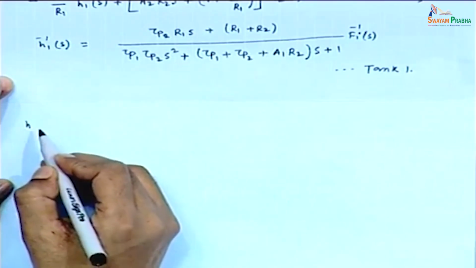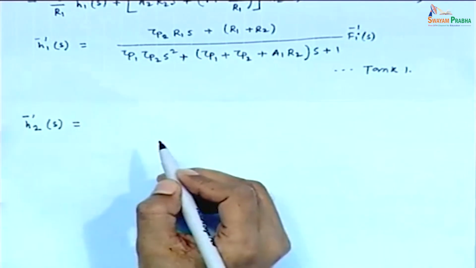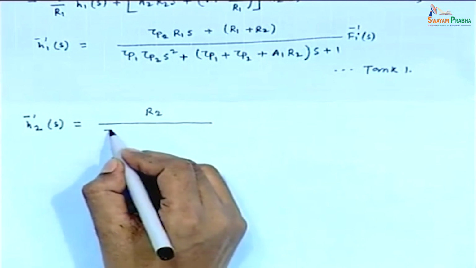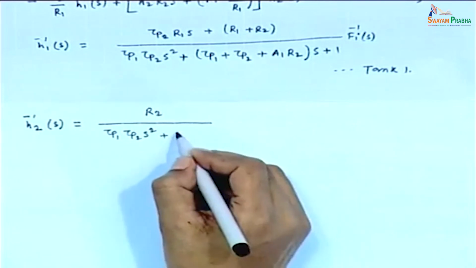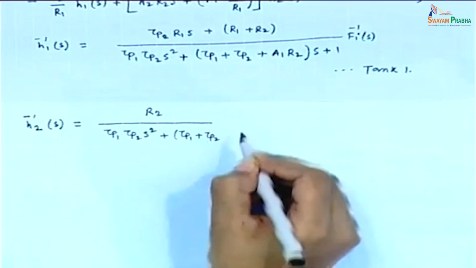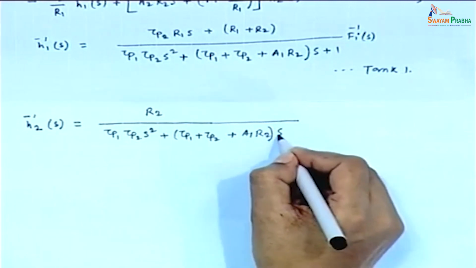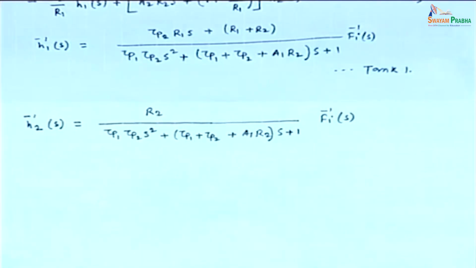Similarly, for tank 2, we obtain the transfer function as H2 bar prime S equals R2 divided by (tau P1 tau P2 S square plus (tau P1 plus tau P2 plus A1 R2) S plus 1) Fi bar prime S. This is the transfer function with respect to H2.